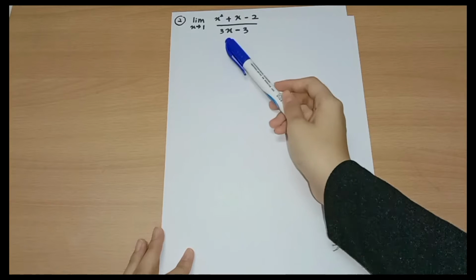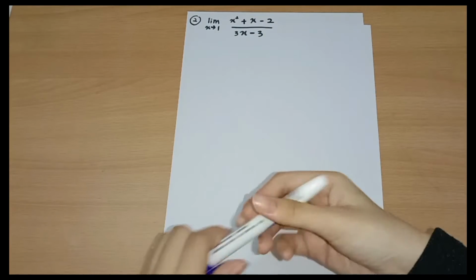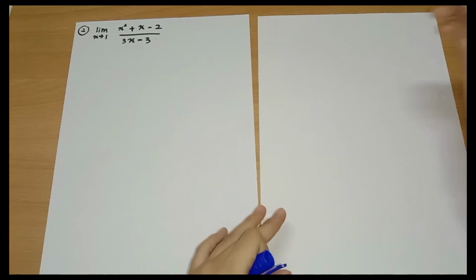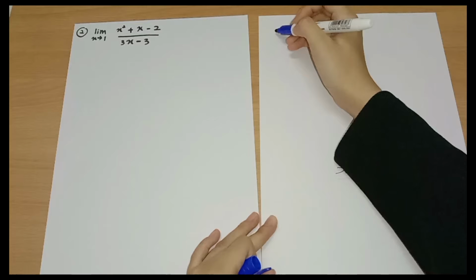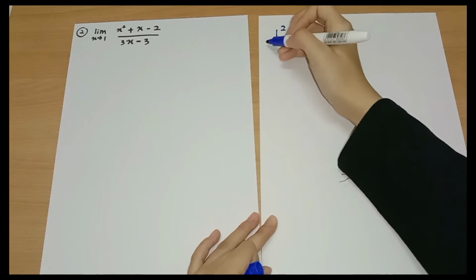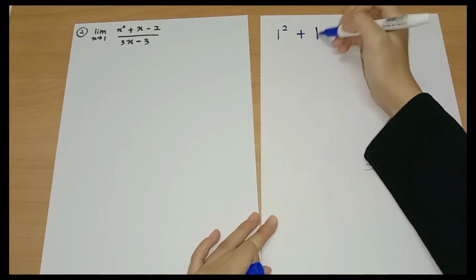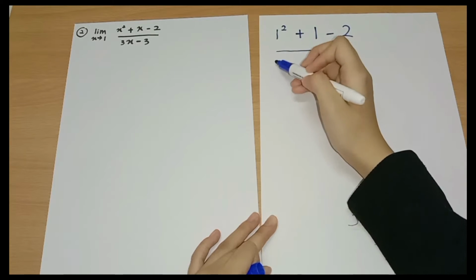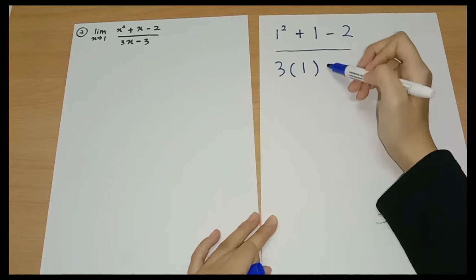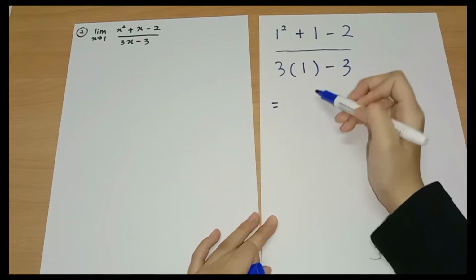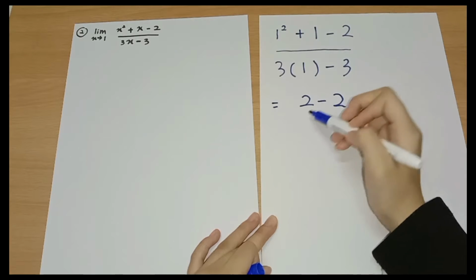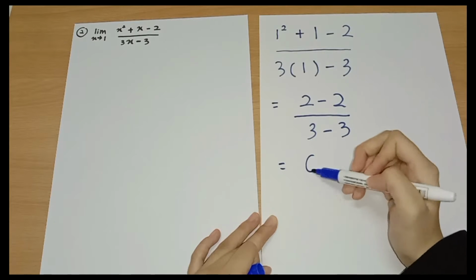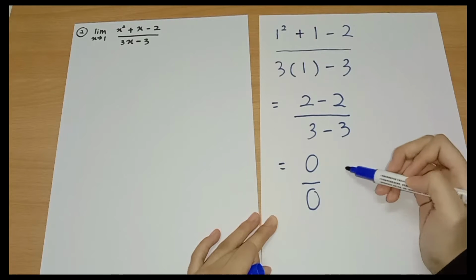As x approaches 1 for this function. Okay, so let's say if we directly substitute 1 into x as we do as the previous question. So we will get 0/0, which cannot be the answer.